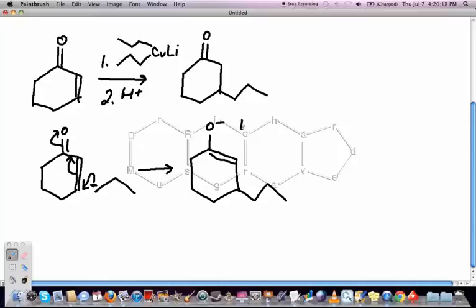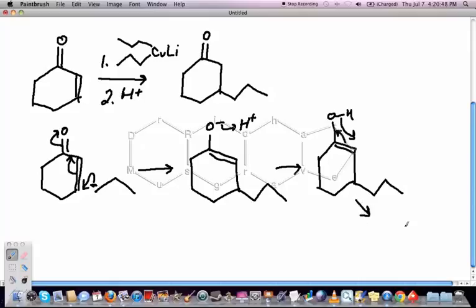Right, then we can have the H plus come in, and we get what's called an enol. And what we know about enols is that they are in equilibrium with their ketone counterparts. And this is how you can get a ketone out of an enol. And this explains why we end up with the product that we do.